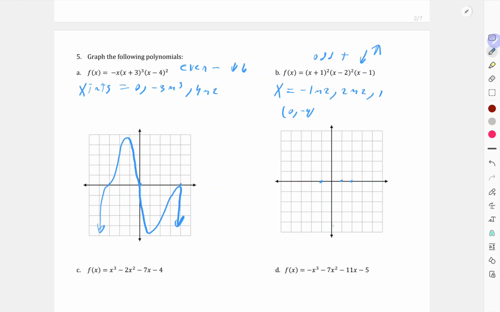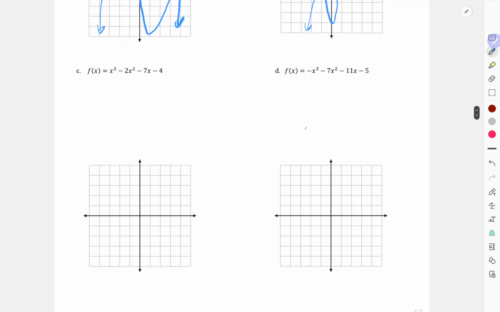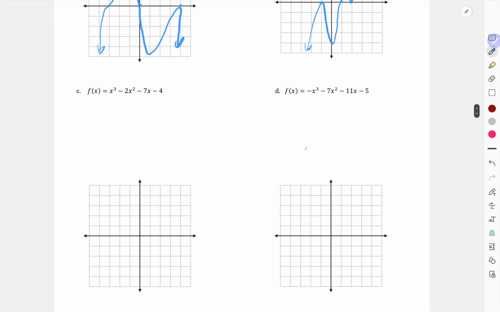When I do this now, because this is a bounce-off, you go down here, it bounces off, then it goes through this one, bounces off this one, because that's also a multiplicity of 2. When it's a multiplicity of 2, you already know that it bounces off. So if it doesn't, you're doing something wrong.